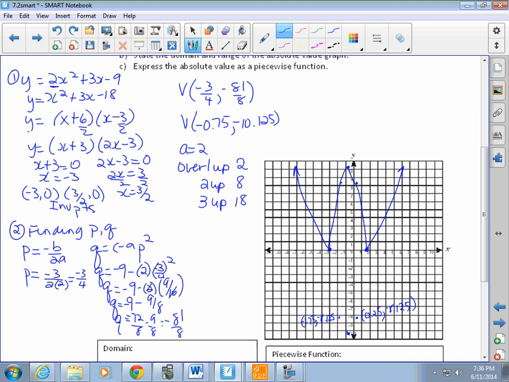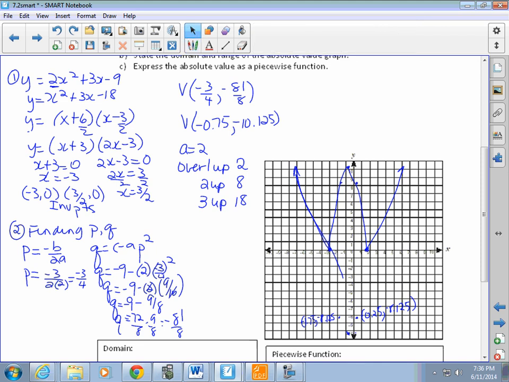My original graph for that 2x squared plus 3x minus 9 would have been this. Whoops. Oh, it didn't change color on me. Why is it not undoing? Okay.